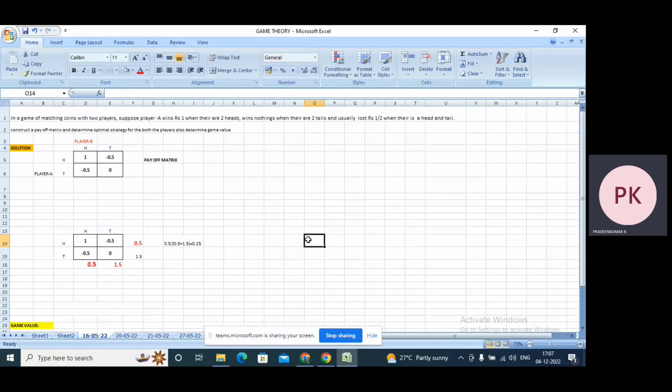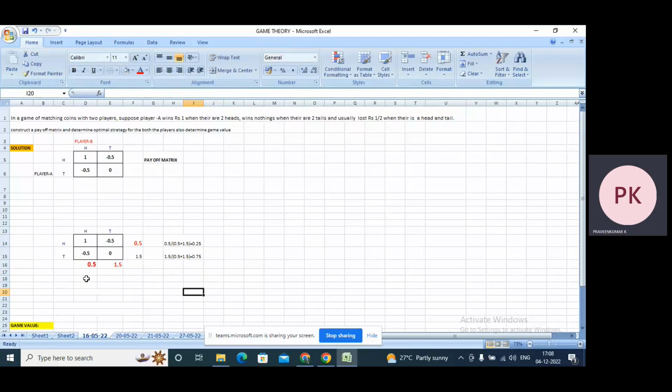This is the optimum strategy. And similarly for this one, 1.5 divided by 0.5 plus 1.5, so 1.5 divided by 2. 1.5 by 2 is 0.75. 0.75 is the optimum strategy for player A.